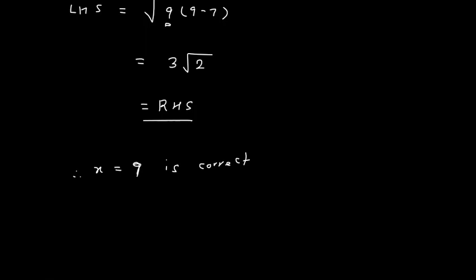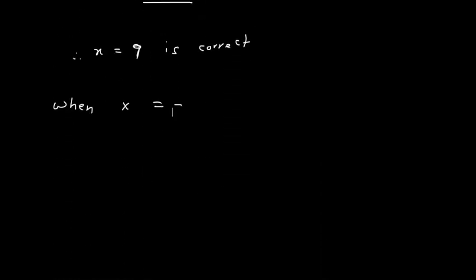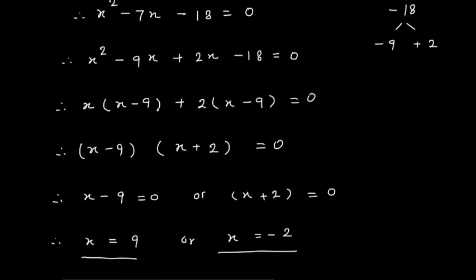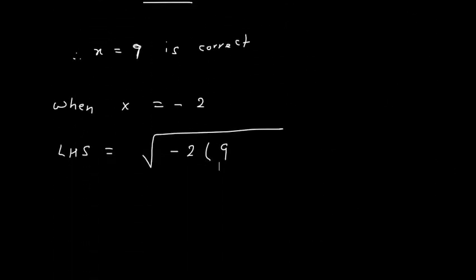Now when I take x equal to minus 2, my left hand side will become the square root of minus 2 into x minus 7. So that is, x is minus 2, it is minus 2 minus 7.